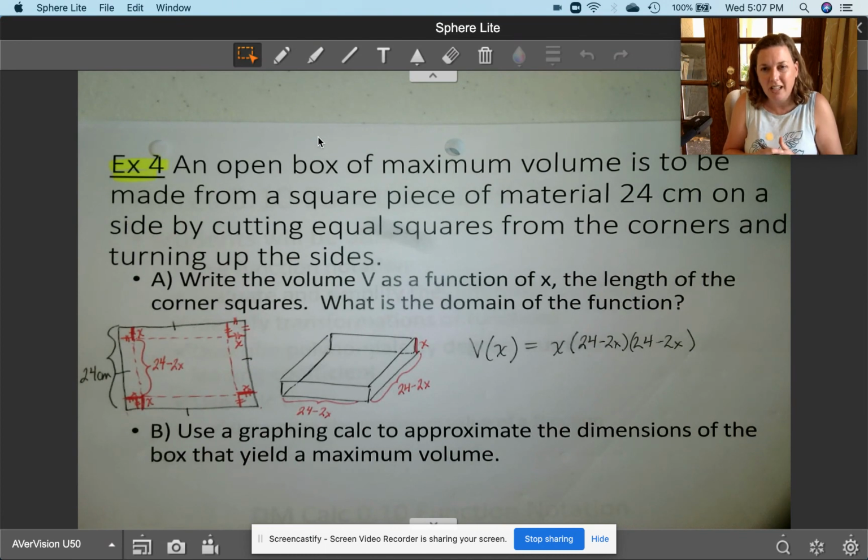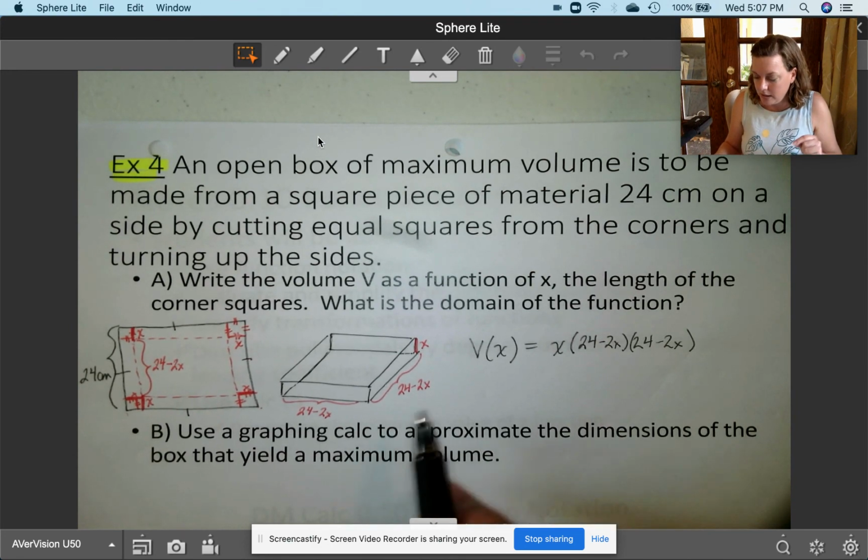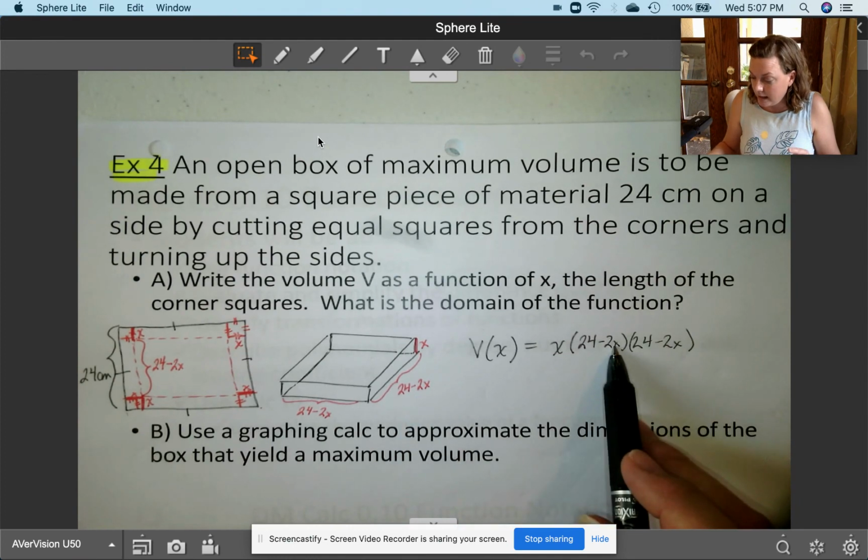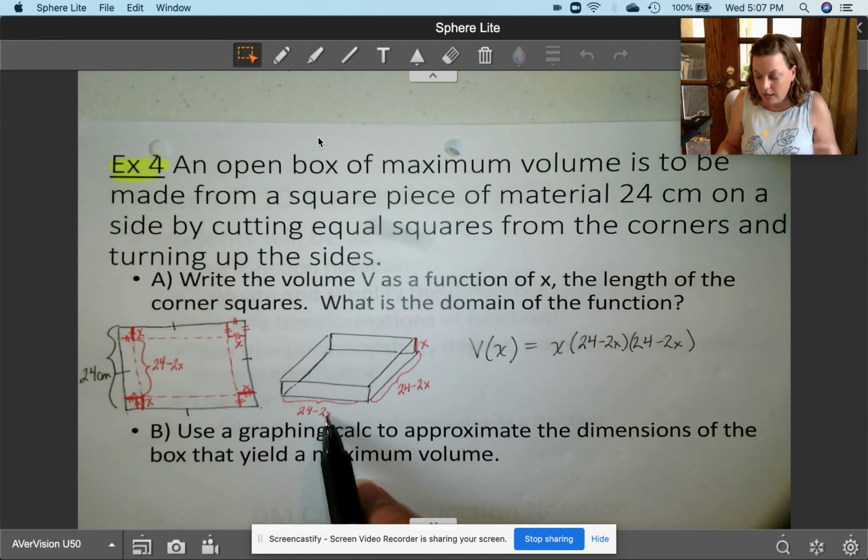Can x be a negative number? Can we subtract a negative length? No, that doesn't make any sense. Okay, so x needs to be bigger than 0. It can be 1. So if x was 1, we'd be taking off 2 centimeters. Okay, that makes sense. Could x be 3, 4, 5, 6, 7, 8, 9, 10, 11, 12? What happens when x is 12?